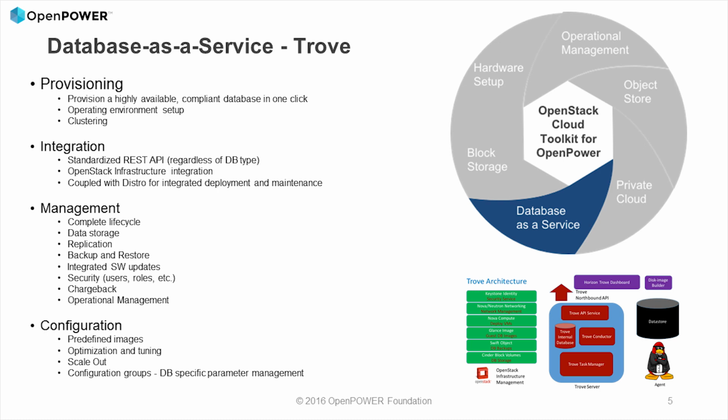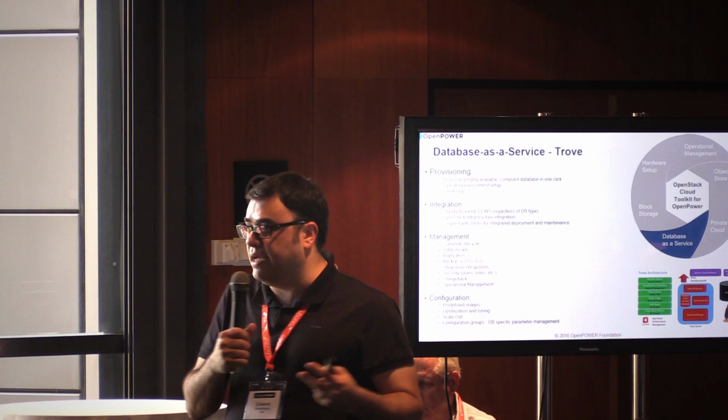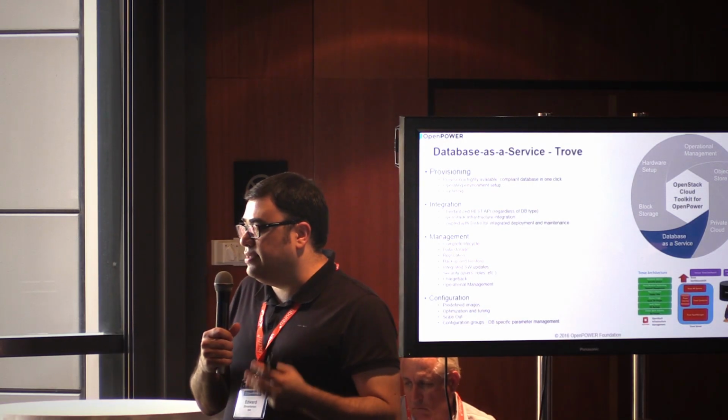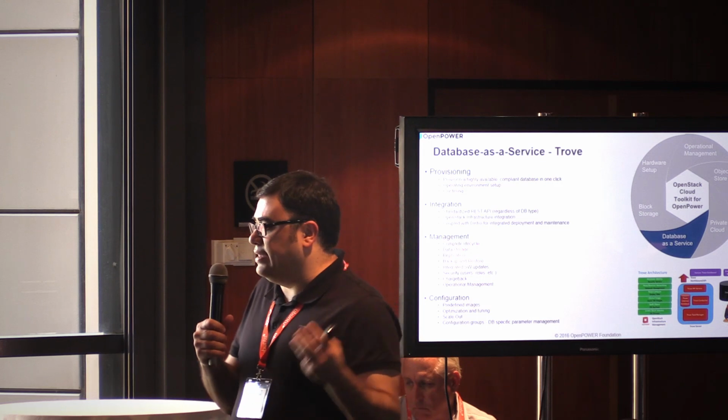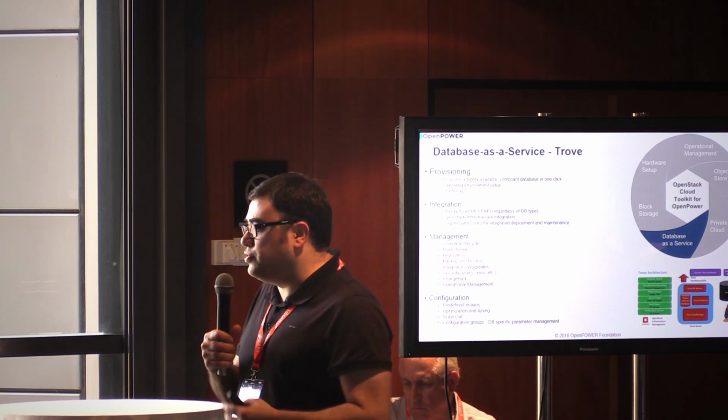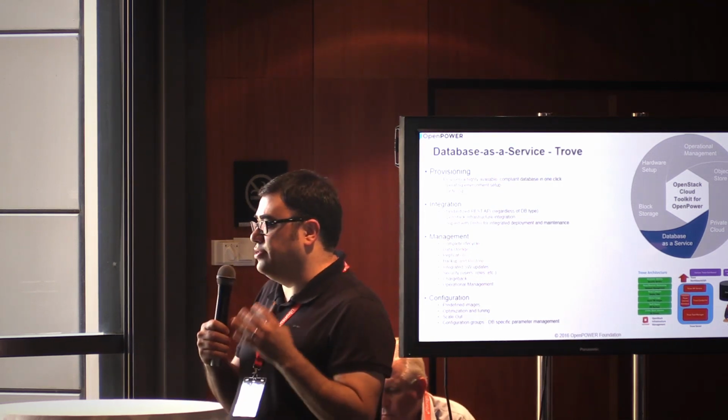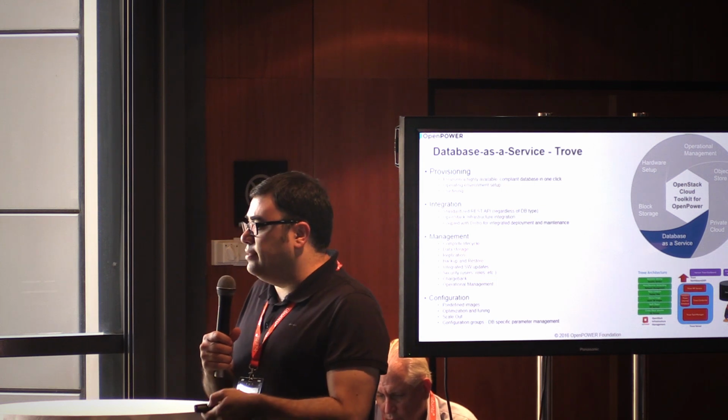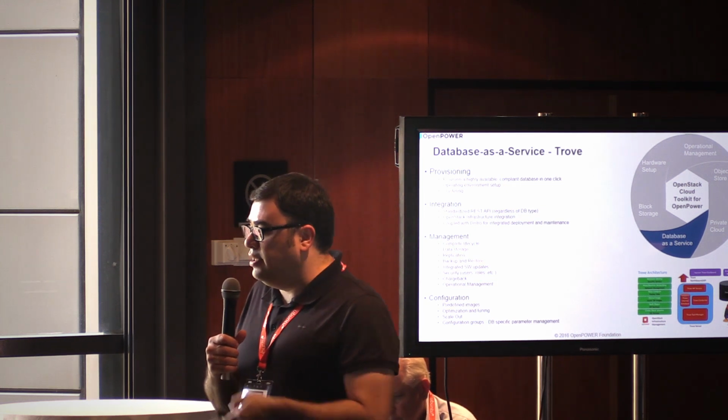Since this is a very quick overview, I'll just touch on the four basic things: provisioning, integration through REST APIs, management, which involves various things like replication, backup and restore, data storage, etc., and configuration.